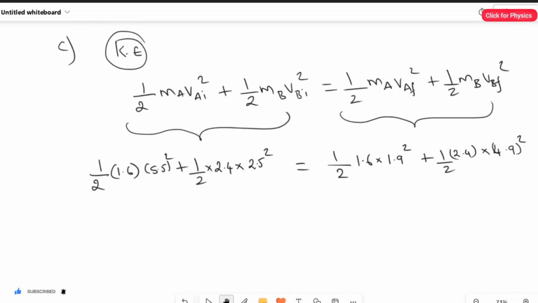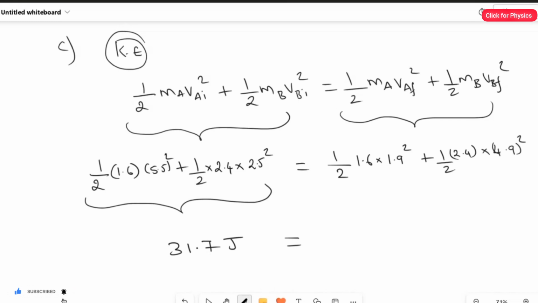1 multiplied by 1.6 multiplied by 5.5 square divided by 2, plus 1 multiplied by 2.4 multiplied by 2.5 square over 2. I got here 31.7. So when I solve this part, I got 31.7 joules.